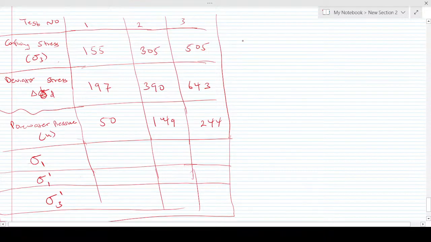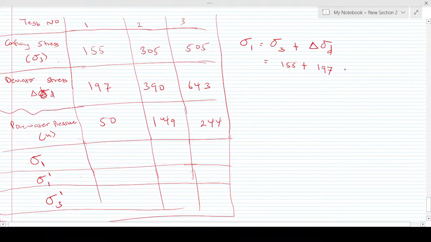Now to find sigma 1, it is simply sigma 3 plus the deviator stress, sigma d. So for the first trial, we have sigma 3, which is 155, plus the deviatoric stress, which is 197.